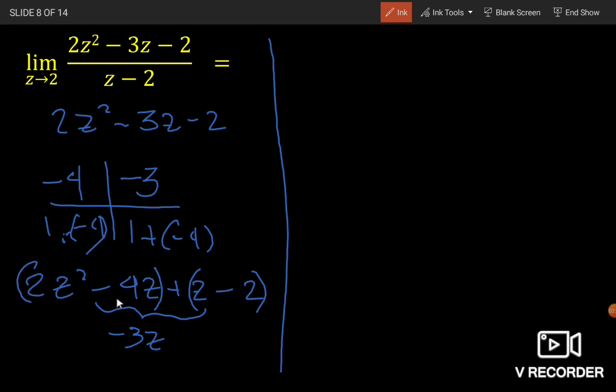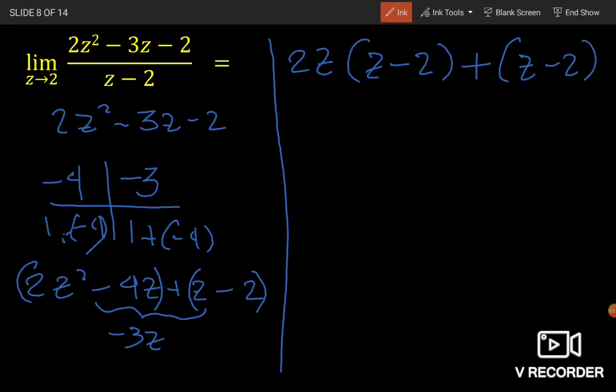The greatest common factor of 2z squared minus 4z will be 2z. 2z squared divided by 2z, we will get z, and negative 4z divided by 2z will give you negative 2. Plus, the greatest common factor of z and negative 2 will just be 1, so we'll just rewrite this as z minus 2, as is, because the greatest common factor is only 1.